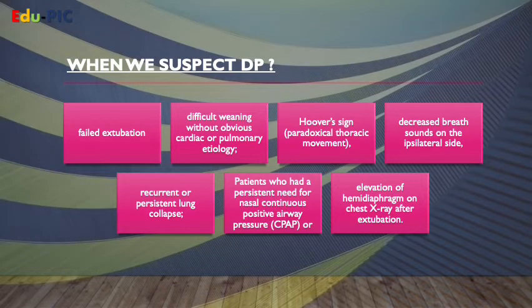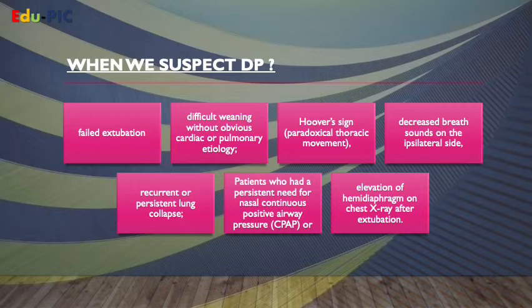Okay, when do we suspect diaphragmatic palsy? We suspect it if we have failed extubation, if we have difficulty weaning the mechanical ventilation without obvious cardiac or pulmonary etiology. If you have a Hoover's sign, which is paradoxical thoracic movement, and we are going to have a video showing this.